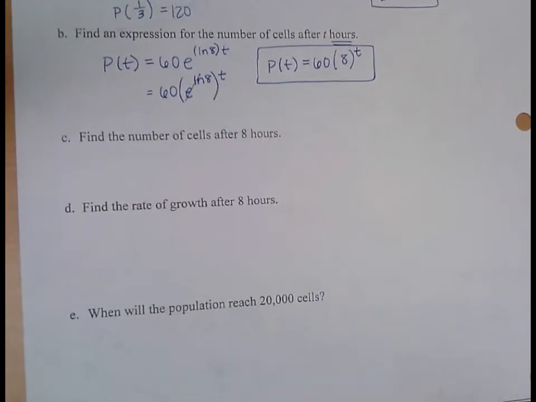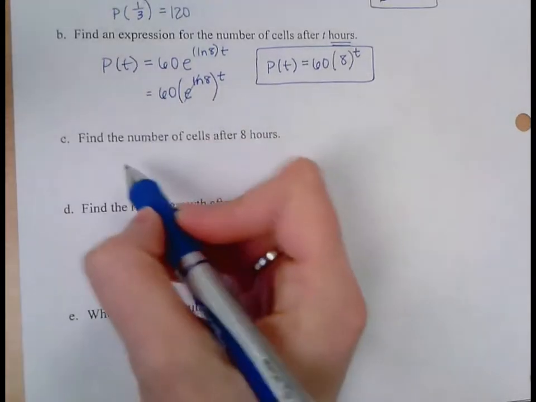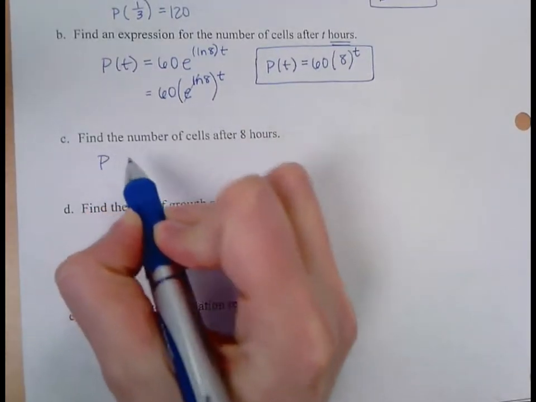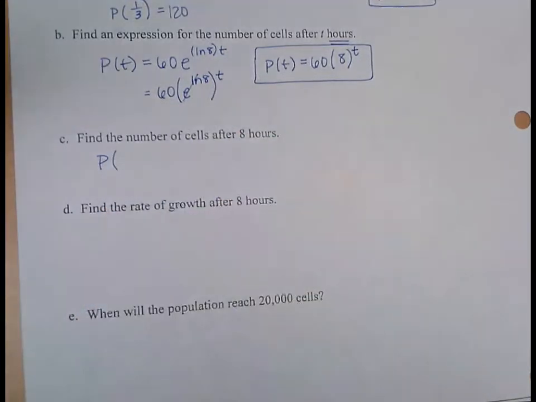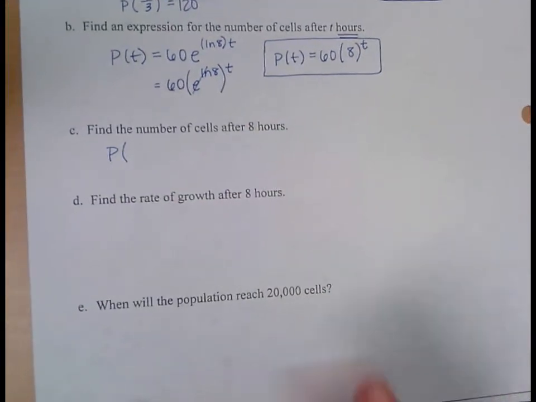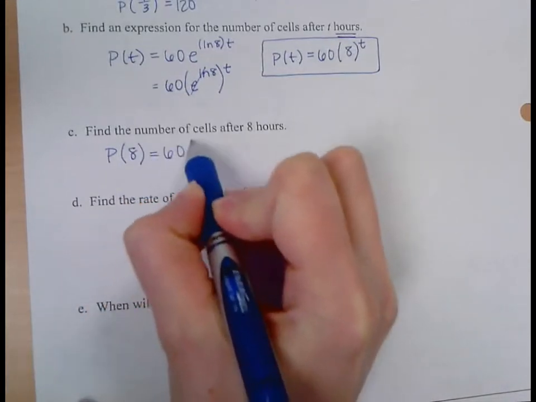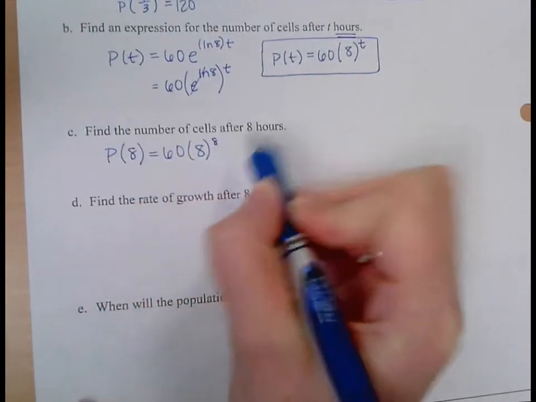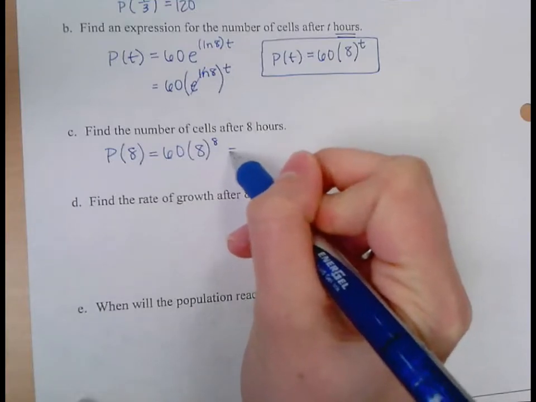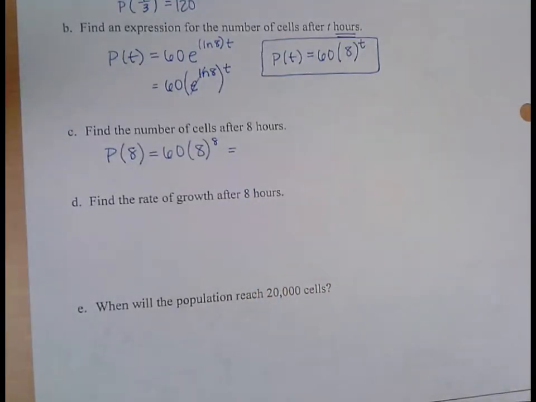And then C says find the number of cells after 8 hours. Just plug it in. So like I said, not all parts of this are necessarily new types of questions. So we would be finding P of 8. So 60 times 8 to the 8th power. And then here you just have to be careful with how you're calculating it.